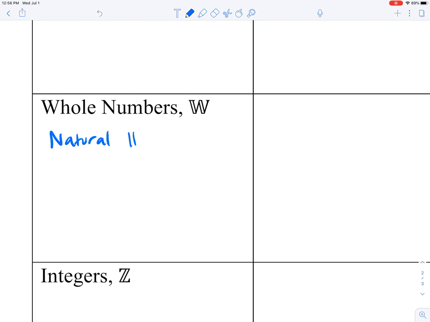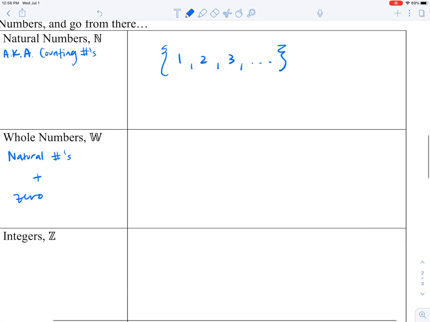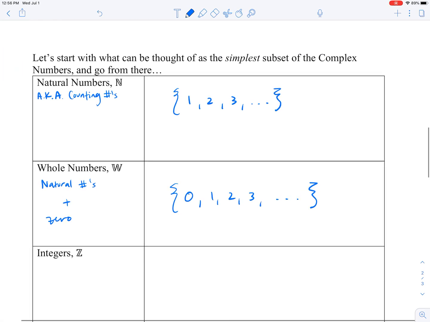Okay, the whole numbers. The whole numbers are all of the natural numbers plus 0. So I'm going to use the curly brackets again. So 0, 1, 2, 3.